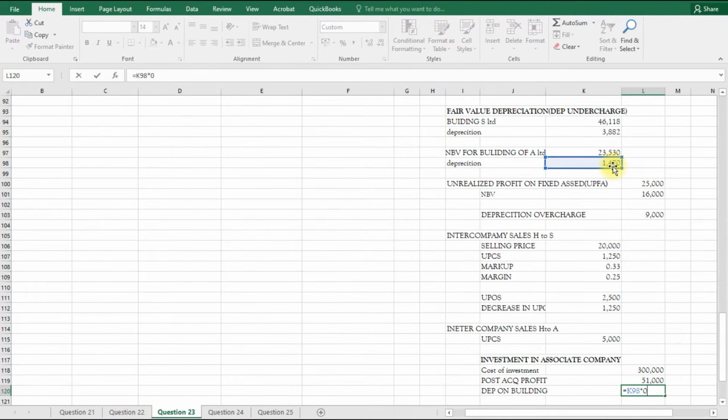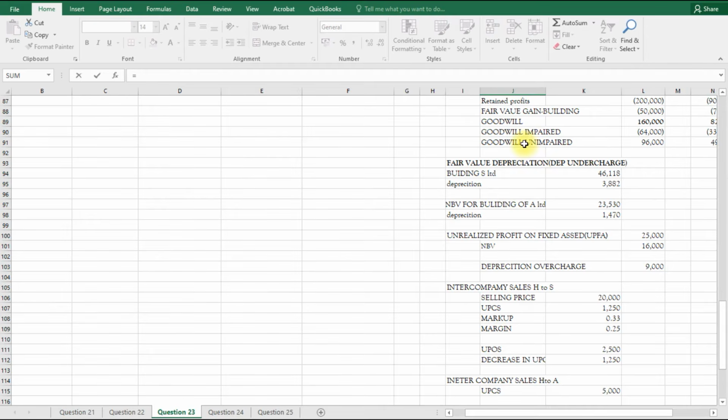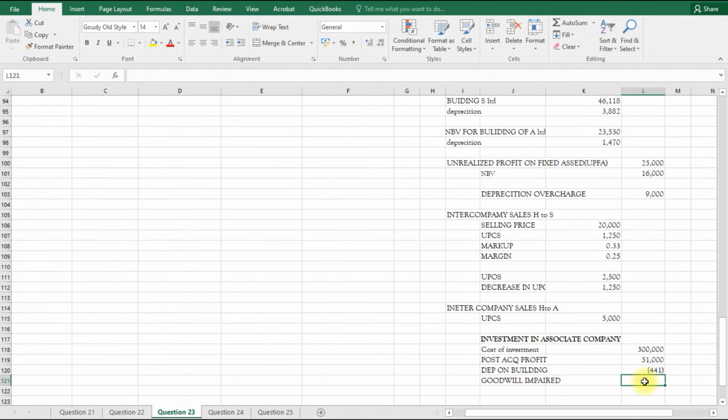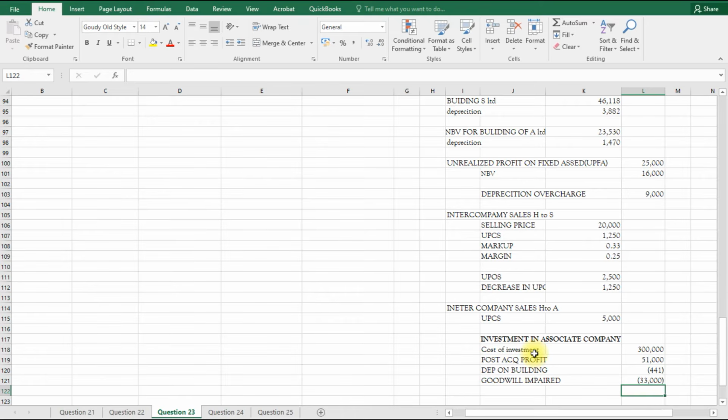We multiply by our share, which is 30% of that, and this value shall be minused, because that is an expense. The other thing we had is the goodwill impaired, we had it somewhere here, the goodwill impaired was 33, that was our portion.